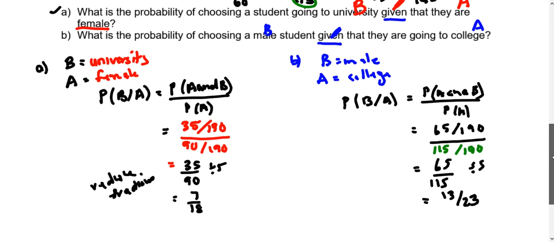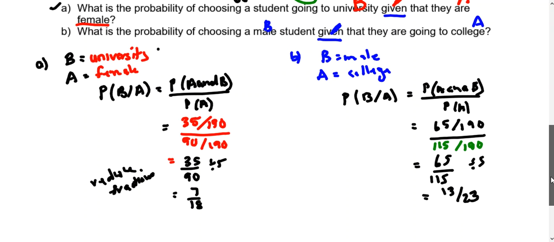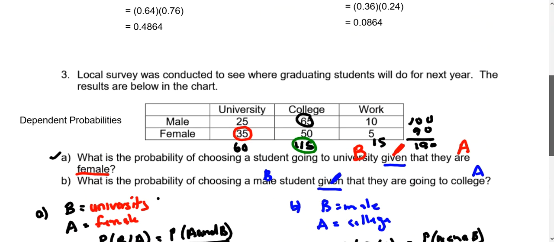Those are the basic steps that I'm looking for. Define the variables, figure out what each letter represents, figure out the probabilities from each part, and sub it in. That doesn't change from what we did up here.